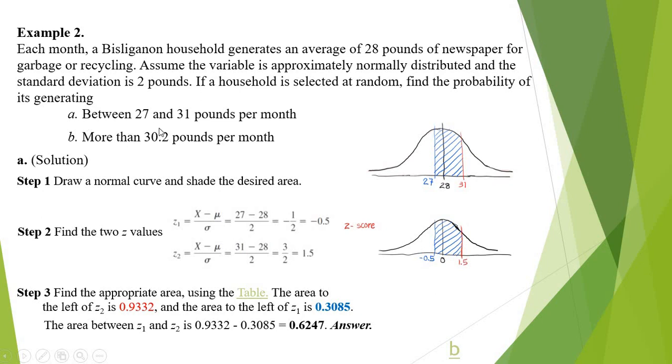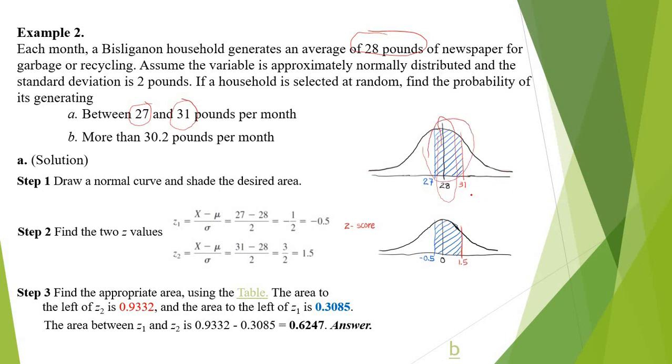So let us first solve for A, between 27 and 31 pounds per month. Now again, the first step would be to draw a normal curve, and take note that our average is 28 pounds. And we have between 27 and 31. So we drew that out in our normal curve, and this is our area of interest.